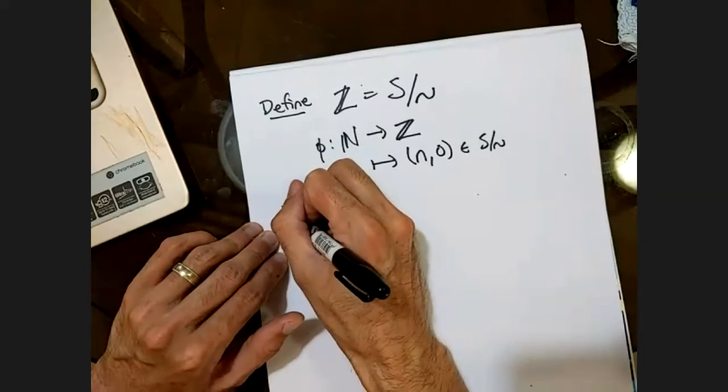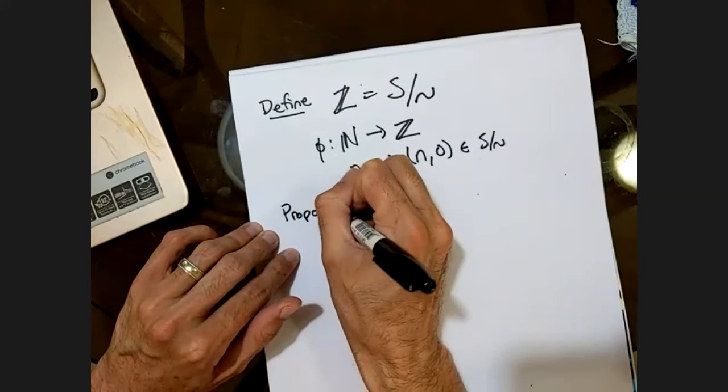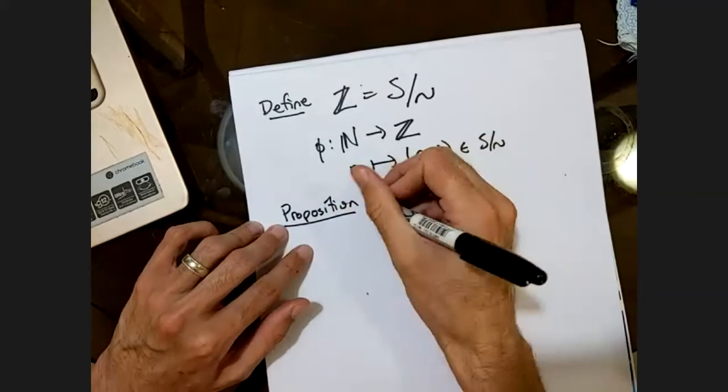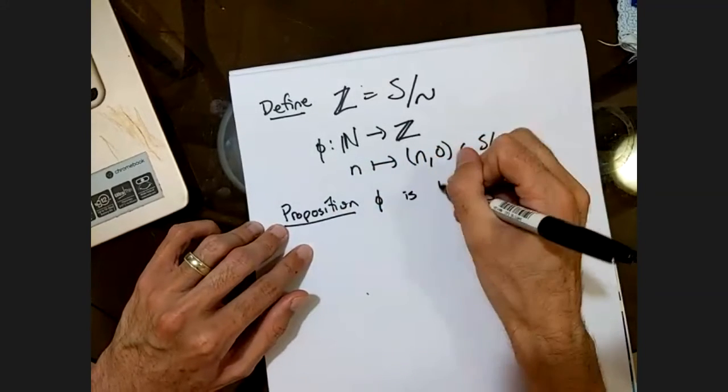And then you would show, proposition: phi is 1 to 1.